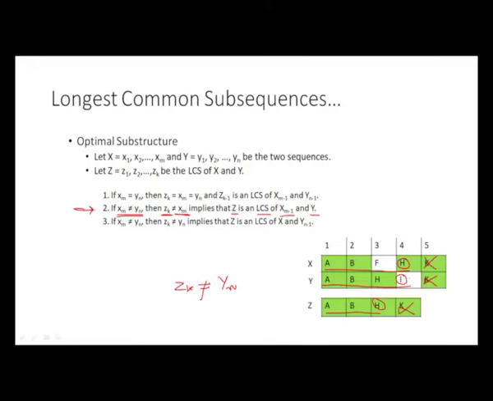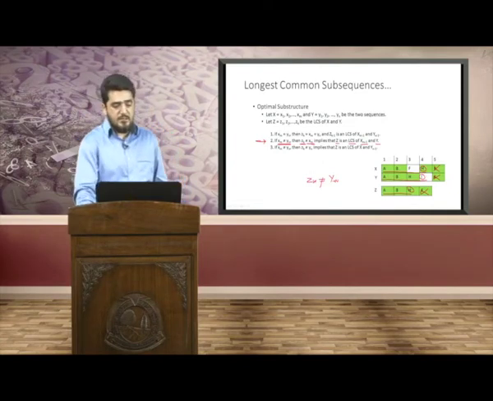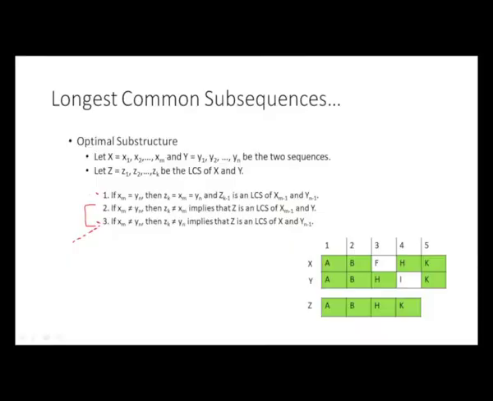then if z is the longest common subsequence of x and y, it means that, now the first case is clear, now the second and third cases are common. So let's consider the third case here, because our example is such. If the third case is clear, the second case will also be clear inherently.